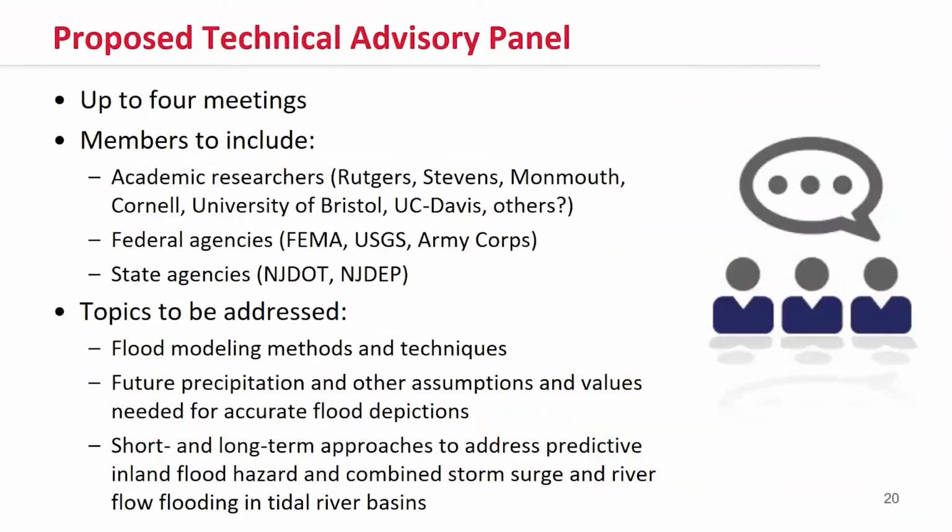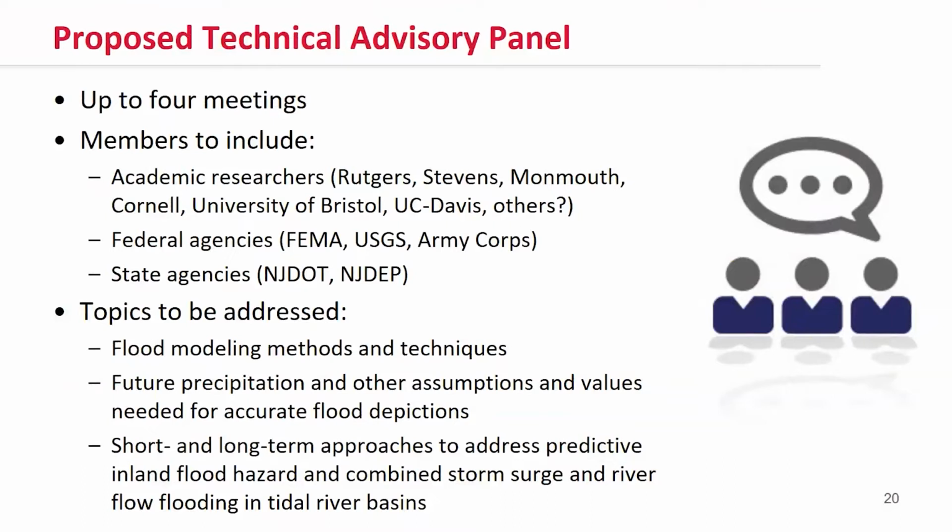I mentioned the technical advisory committee. I'm not going to go into much detail here. We're shooting for a late November, early December meeting. We'll include probably about 15, 20 experts from academic institutions, federal agencies, state agencies, et cetera.